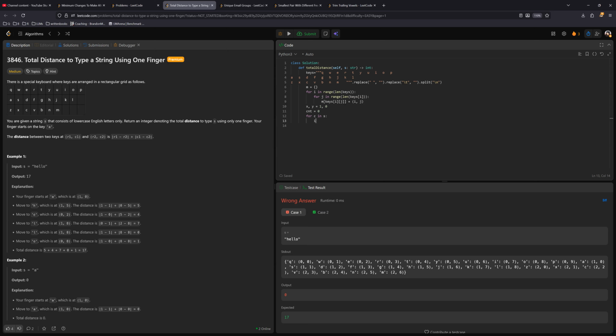Next position is I comma J equals M of C, like that, and then we'll just say cnt plus equals absolute value of I minus X plus absolute value of J minus Y, and return cnt.